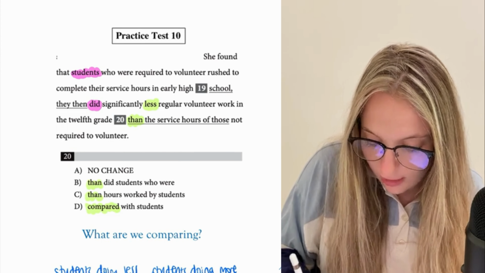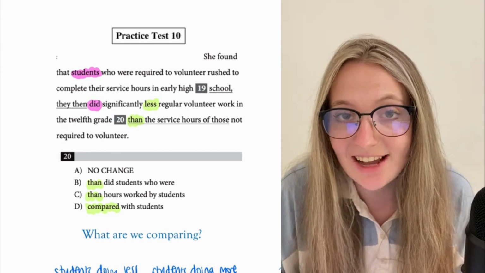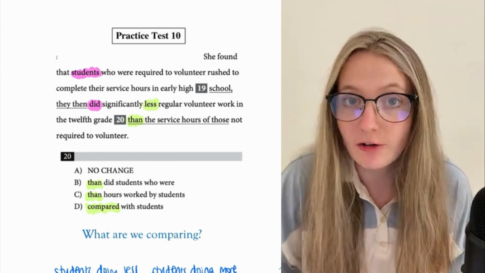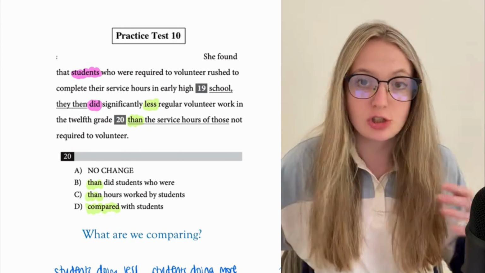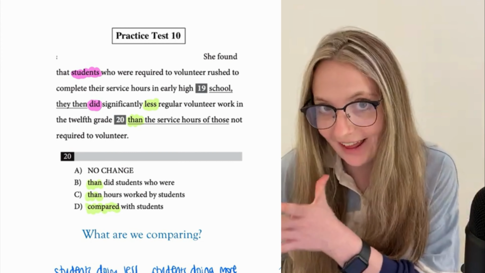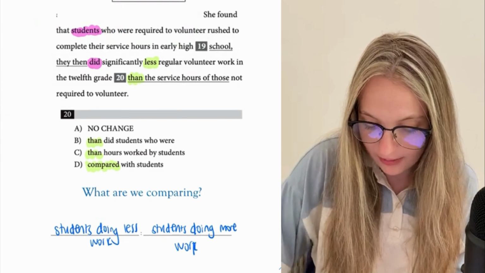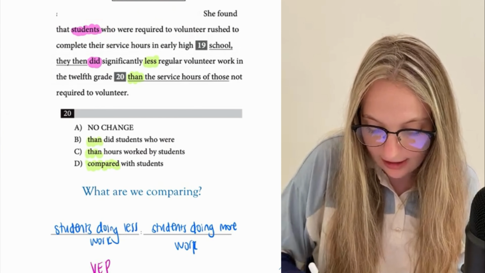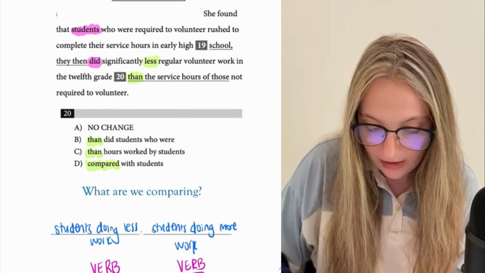Okay. So what I want to point out is this one is actually a little bit unique in that it's not a noun that we're comparing, it's a verb. The students doing more or less work in this situation to the students doing more or less work in that situation. So this one, let's just write down verb because it's a little bit unlike the others. And these are definitely more rare, but obviously still good to know.